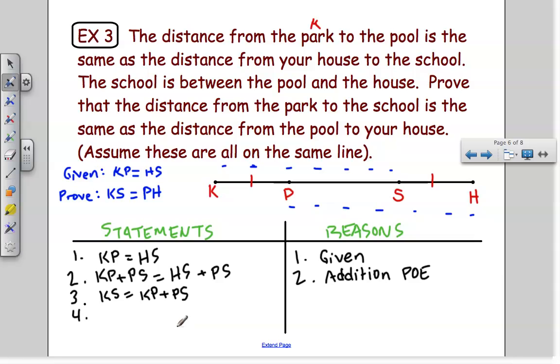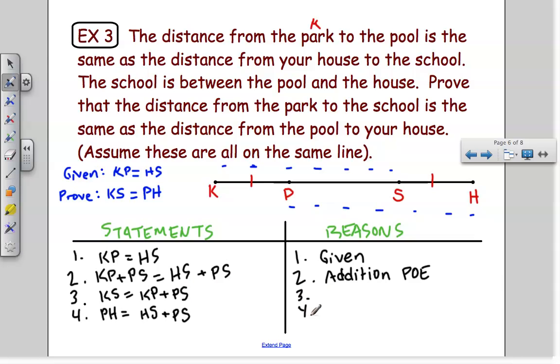Also, I'm going to do this before I give my reason, because I know in a similar fashion I can talk about segment PH being two smaller ones, PS and SH. So that segment PH, pool to the house, that I'm trying to prove congruent to KS is, I'm going to write it this way, HS plus PS, because I wrote it that way right here.